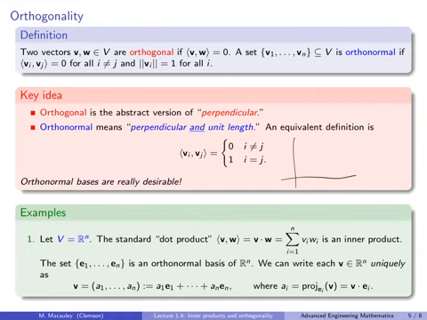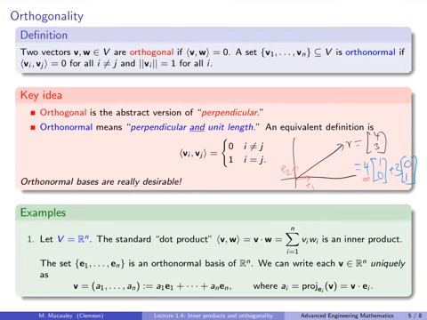Let's do that same example we did before, where v equals (4, 3). So here is E1 and here is E2. All this is saying is that (4, 3) can be written as 4 times E1, or (1, 0), plus 3 times (0, 1), or E2.